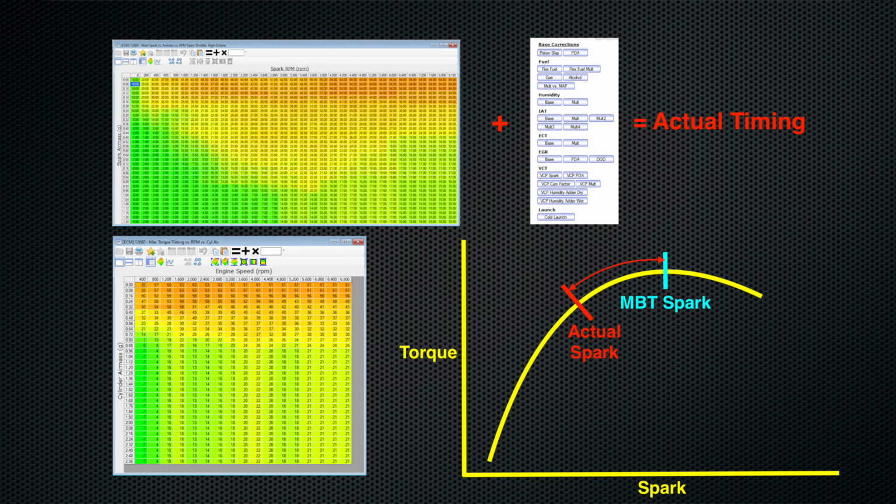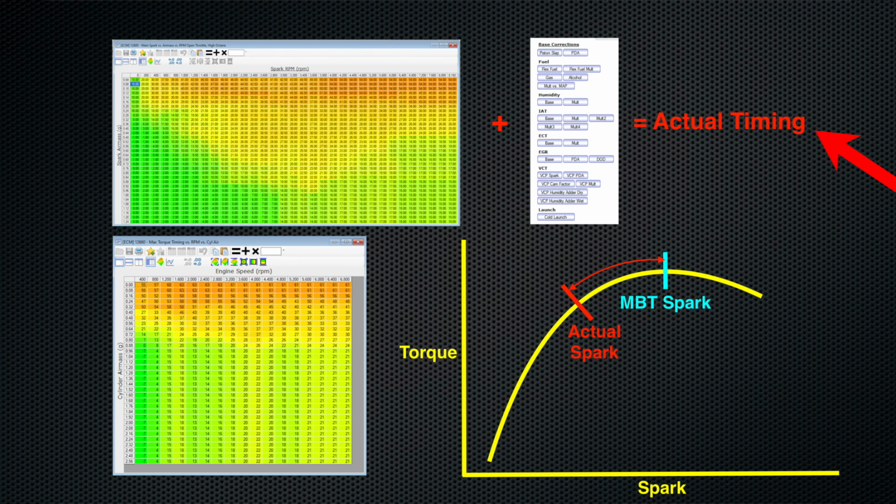So looking at our graphical illustration here, we have our spark timing table, and then we have our corrections. So the base spark timing table plus any corrections that are going on. Corrections are based on EQ ratio, humidity, intake air temperature, engine coolant temperature, even variable cam position. Whatever the combination is going to be, it'll give us the actual timing, the timing that we deliver to the coil to fire off the spark plug to initiate our combustion process.